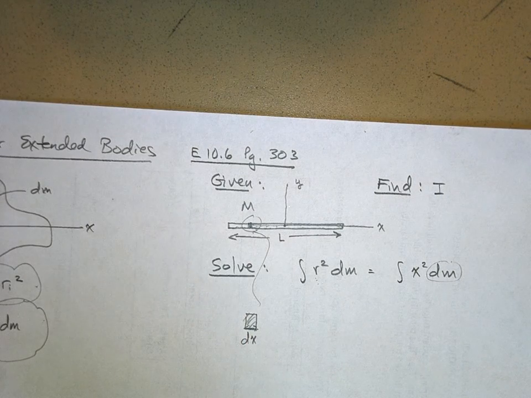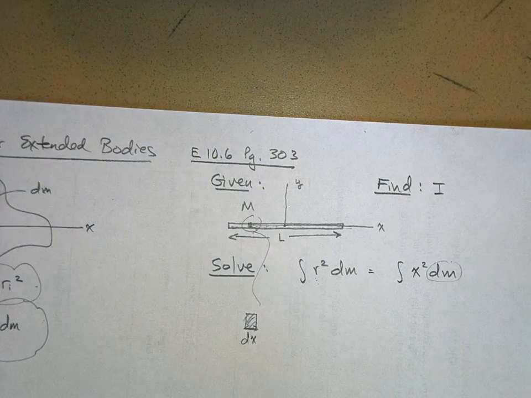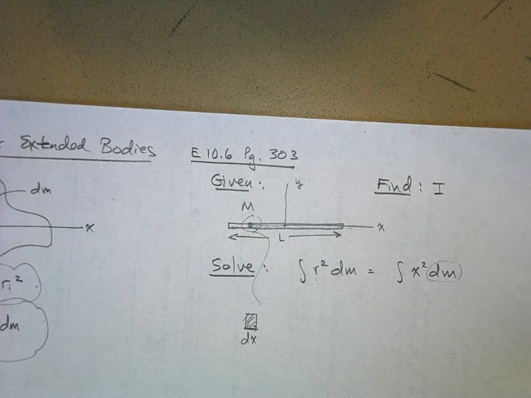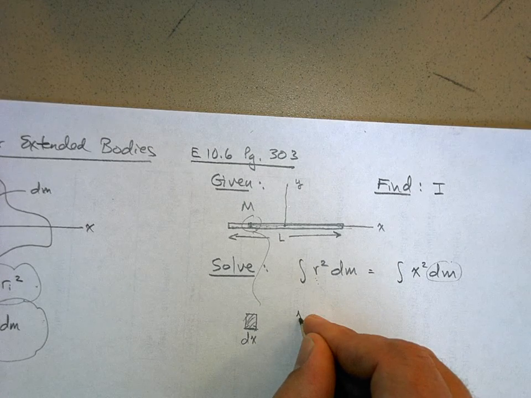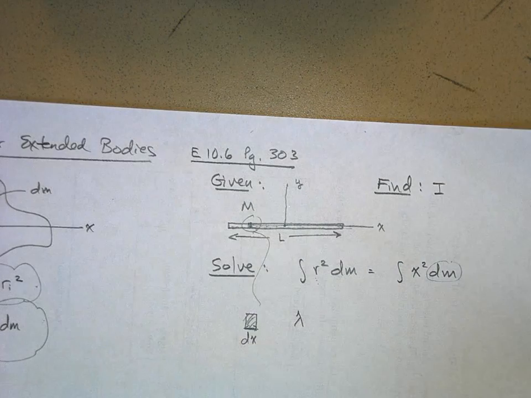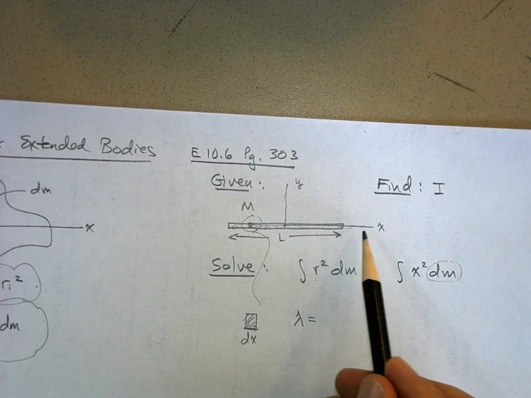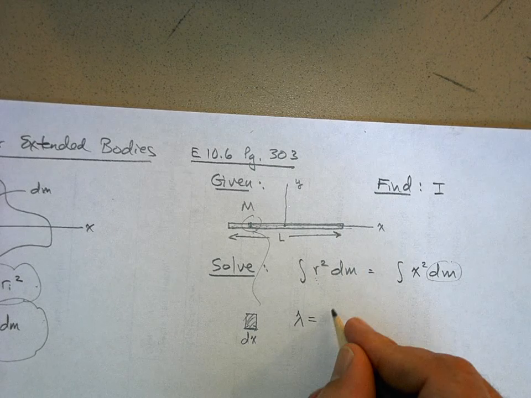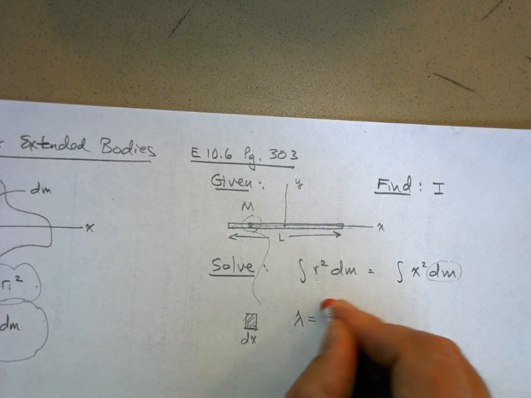Okay, so what I want to do is I want to get dm in terms of dx. Well, anytime you have a line like this, use a linear mass density. And we talked about this before when we did center of mass. But let lambda is the variable we use to represent a linear mass density. And that mass density, since it's a uniform rod, is the total mass divided by the length.